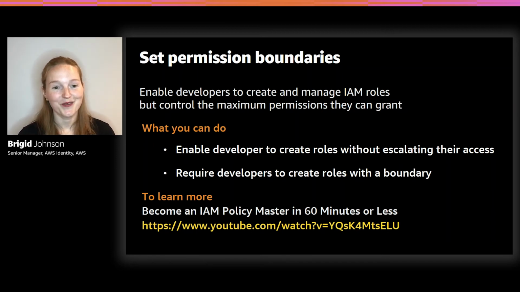Now, we all know that there are engineers that love to work in the middle of the night, and you want them to be able to do that. And so you can say, hey, engineers, you can create roles, but when you create a role, it must have this permission boundary. And that boundary determines the maximum permissions that role can have. And that means that even if they attach an admin permission to that role using an IAM policy, the permission boundary will limit that access.